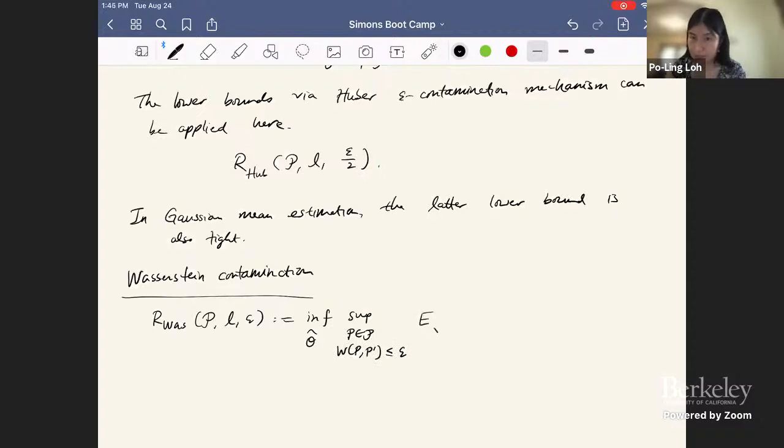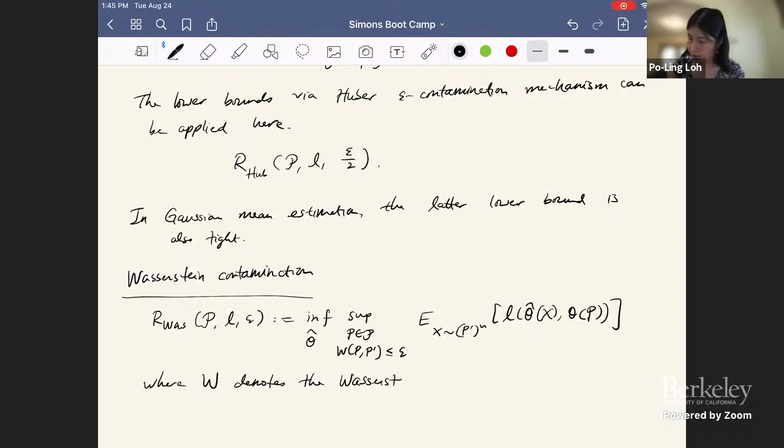And now we draw data X from P prime to the N, L of theta hat of X, theta of P. Okay, so here, this is saying that rather than the Huber epsilon contamination ball, we're drawing from some distribution P prime, which is in the Wasserstein ball. Here, W denotes the Wasserstein distance.